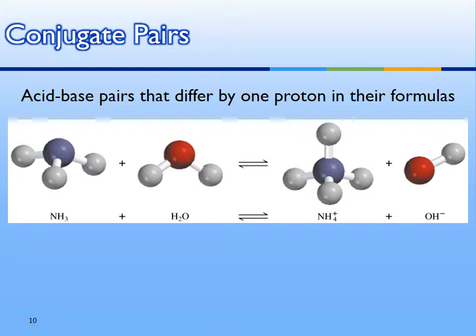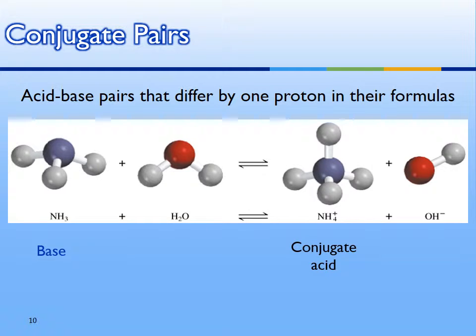Let's continue now with our definitions. What are conjugate pairs? They are acid-base pairs that differ by one proton in their formula. So what do we mean by that? Well, if ammonia in this case is the base, because look at the end result on the right side of that equation, ammonia has picked up a hydrogen ion and it has become the ammonium ion, so it has accepted a hydrogen ion, so it's a base.